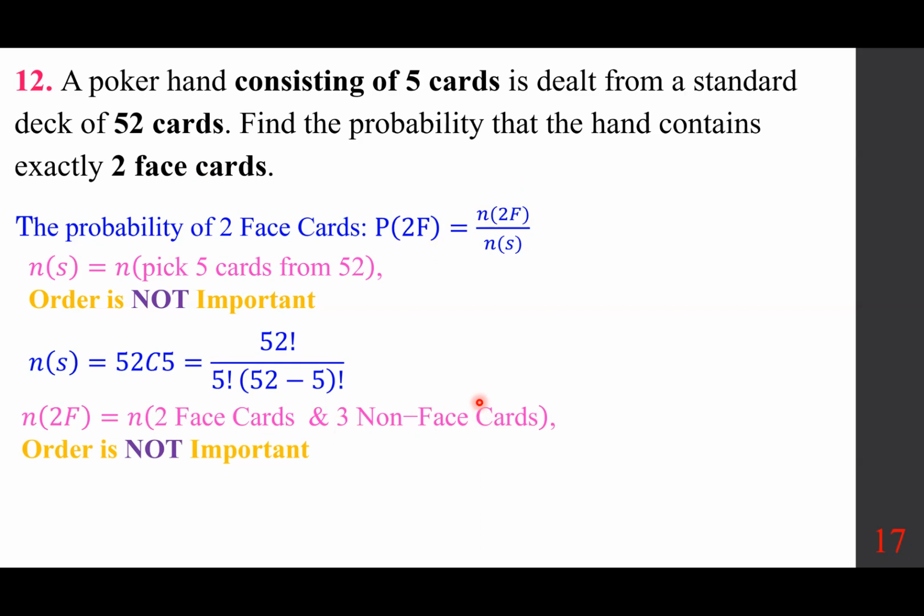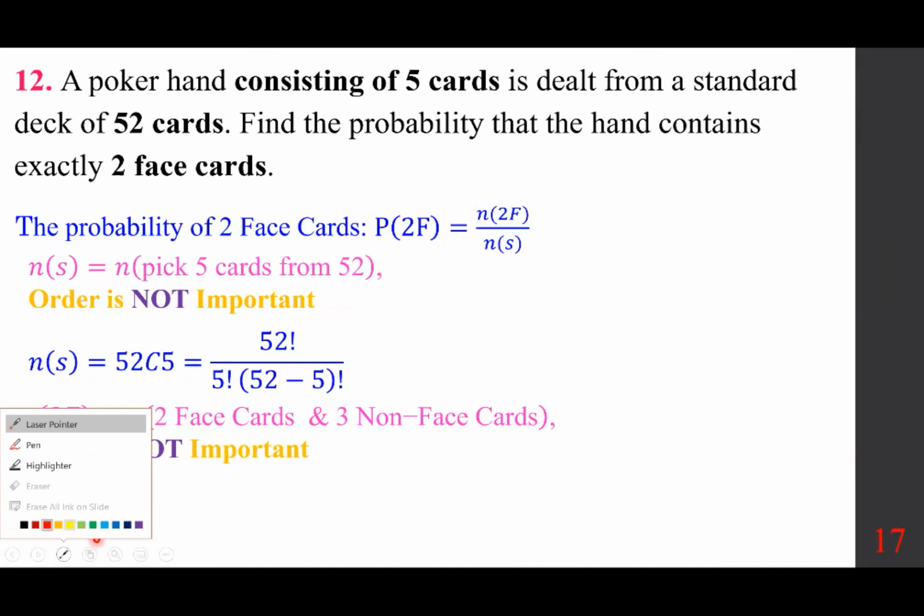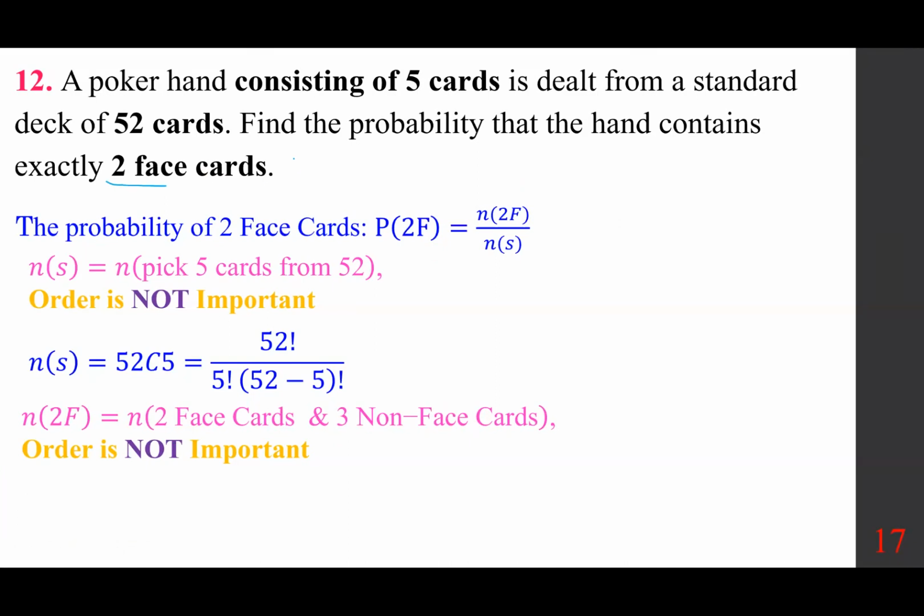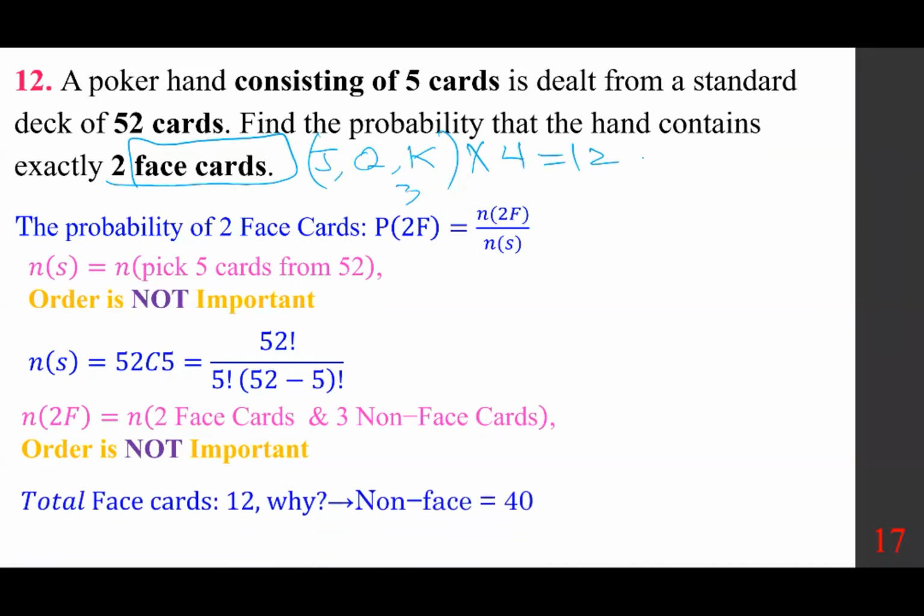The face cards are Jack, Queen, and King, times 4 because we have 4 suits. 3 times 4 makes 12, so we have 12 of those. The rest, 52 minus 12, would be 40 non-face.